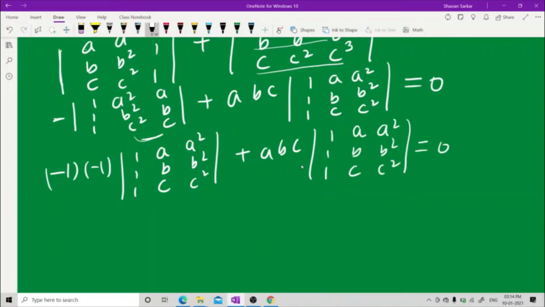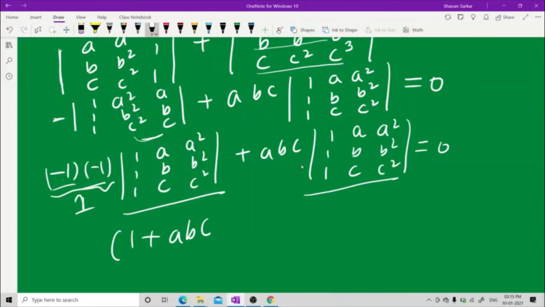This is equal to 0. Take this determinant common, and this 1 plus 1 into minus 1 is plus 1. So 1 plus abc times the determinant 1, 1, 1, a, b, c, a square, b square, c square is equal to 0.